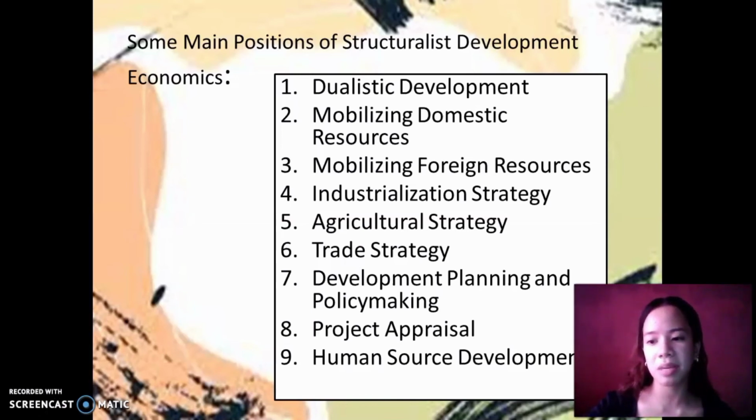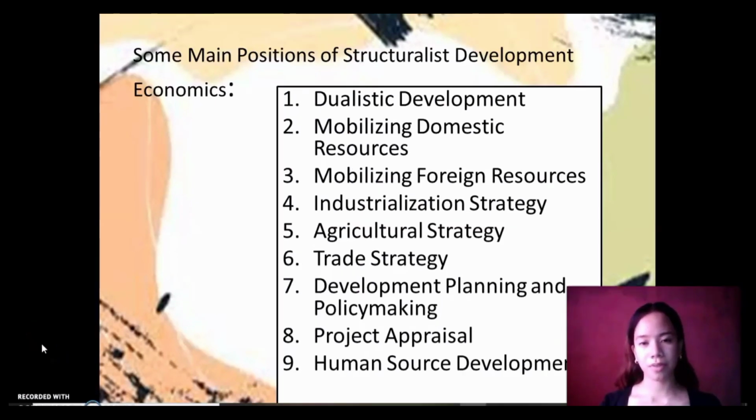Development economists were originally divided on whether free trade increased international inequalities or could contribute to development. So seventh, which is development planning and policy making, some development economists voiced criticisms of the market mechanism as ineffective, unreliable, or irrelevant to the problems faced by developing countries. So they have found a need to supersede markets with state planning.